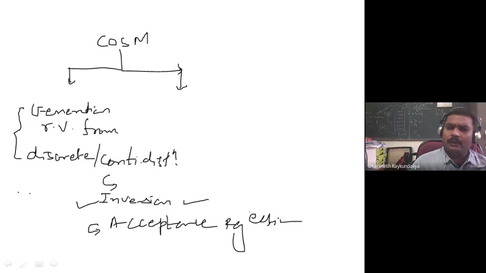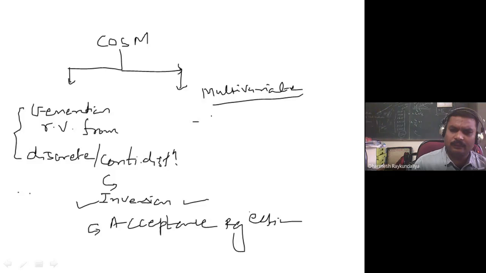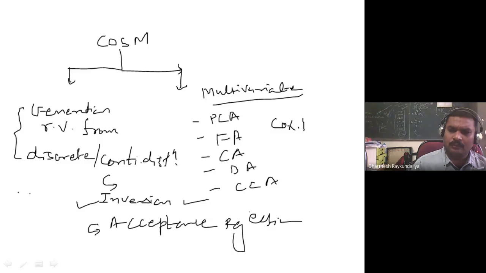Now, in the second part, we will see the multivariate techniques: principal component analysis, factor analysis, cluster analysis, discriminant analysis, canonical correlation analysis, and logistic proportion regression model.